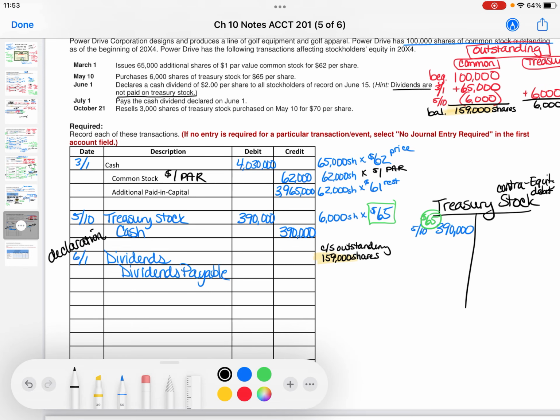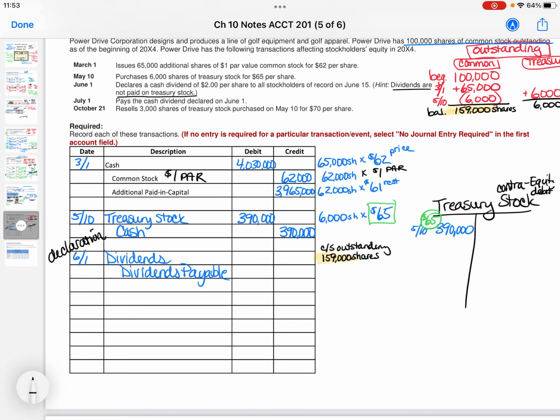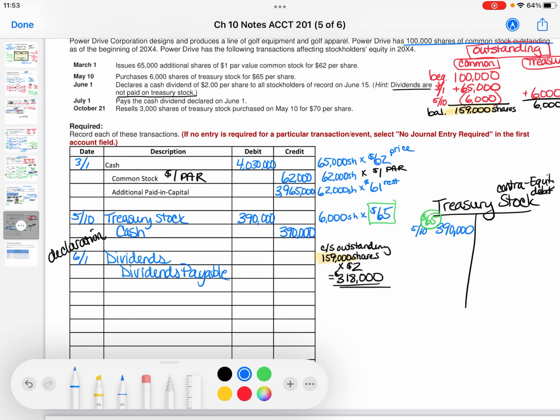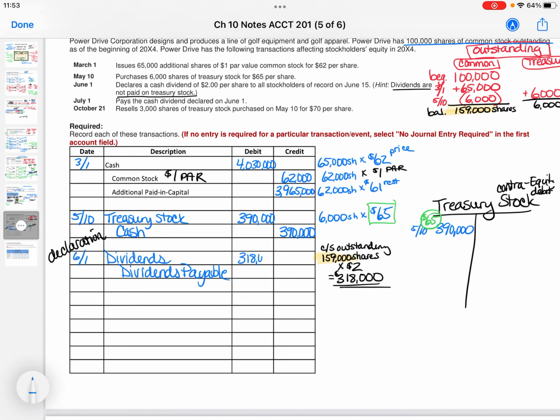Of course, you could go back and calculate it, add and subtract as you go. And now it's multiply it by $2 per share. We're going to pay out $318,000 in dividends. So my entry will be 318,000 debit to dividends, 318,000 credit to dividends payable.